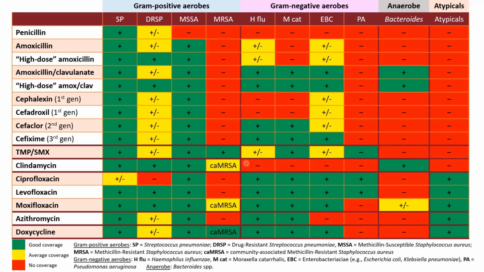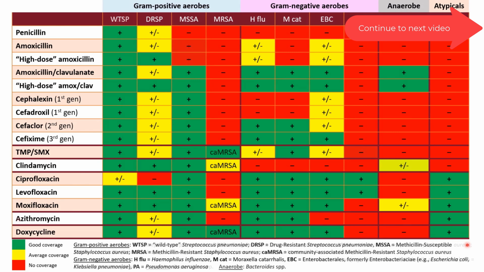Clindamycin doesn't have activity against any gram negatives, so we should keep that in mind. And when it comes to atypical coverage, you should note that only fluoroquinolones, macrolides, and tetracyclines have activity against atypicals. The rest of them do not.